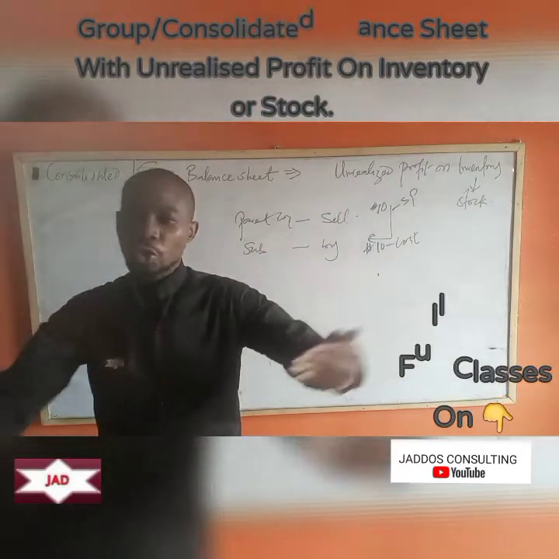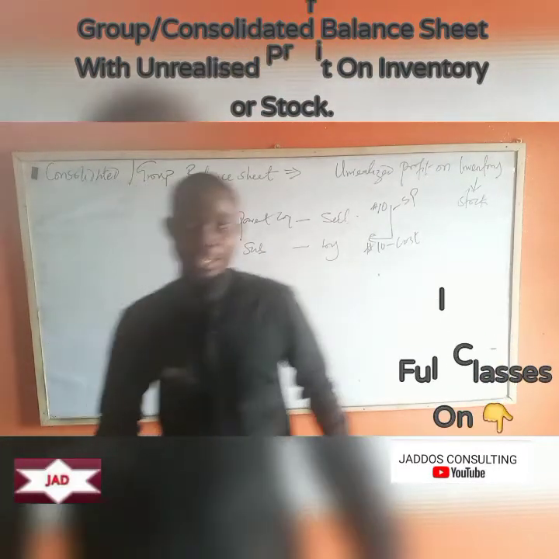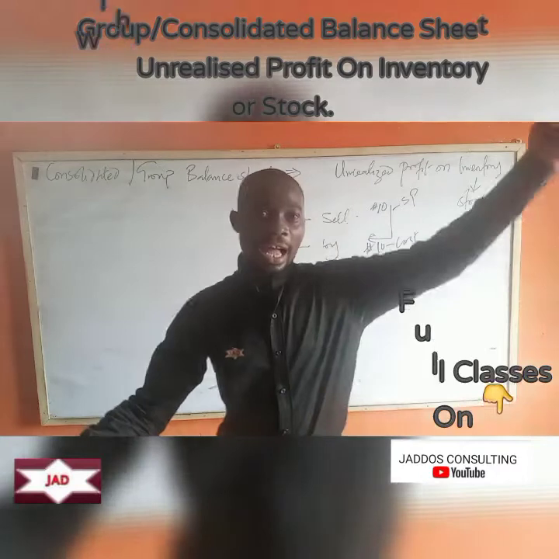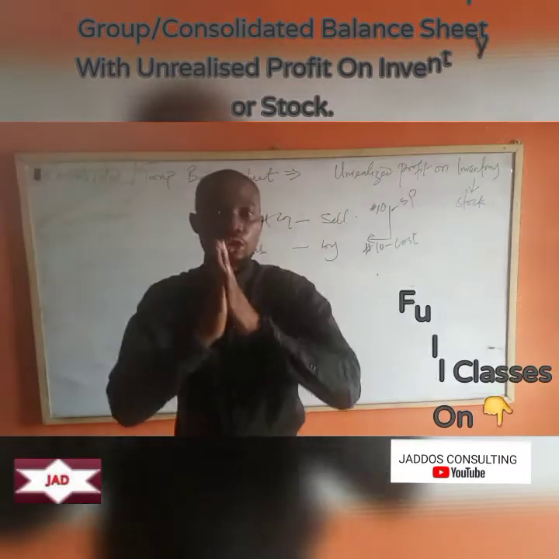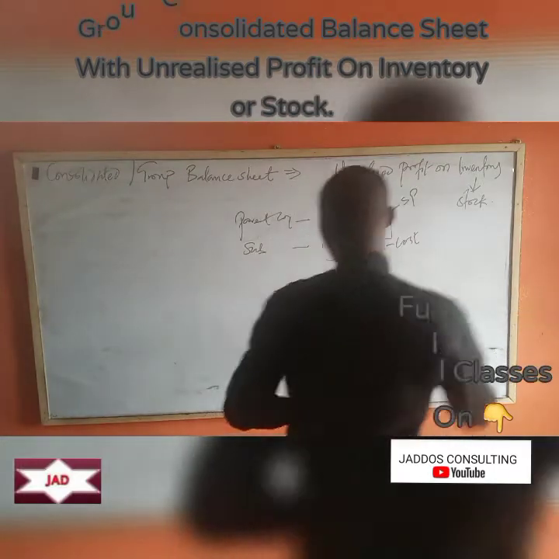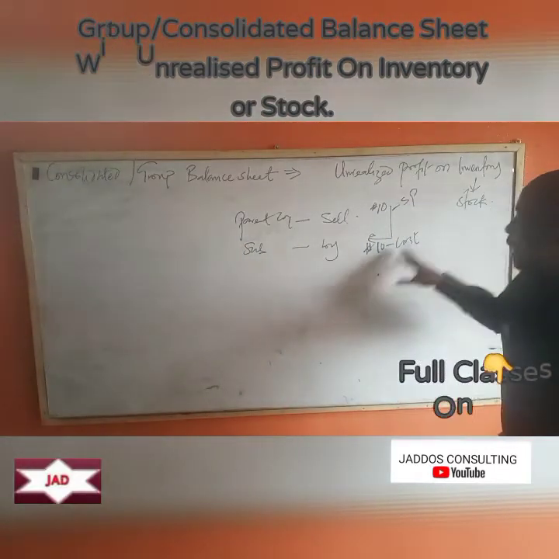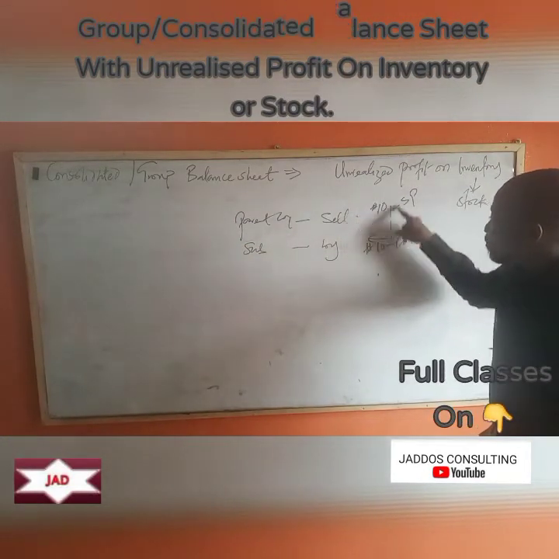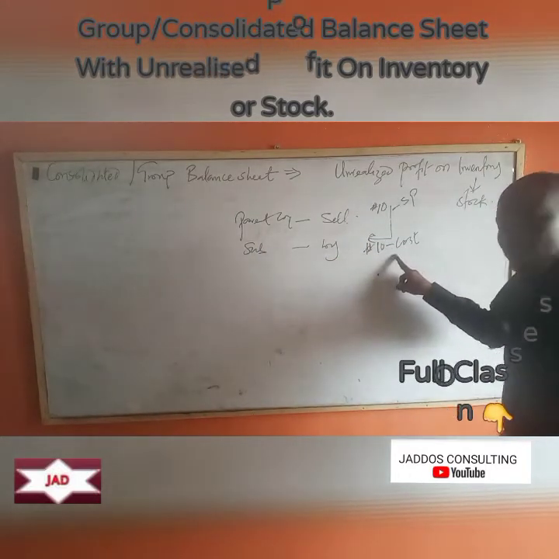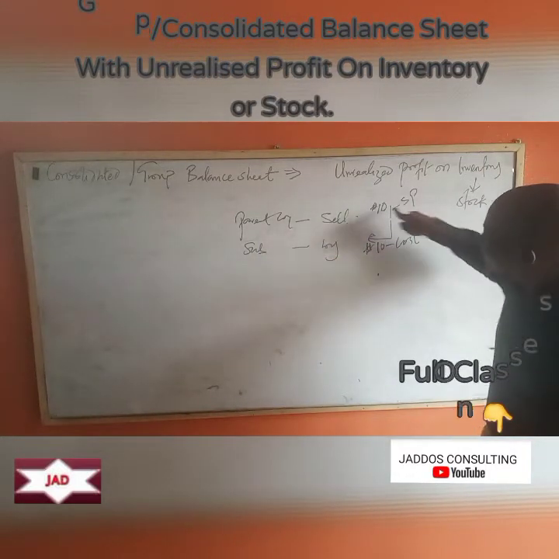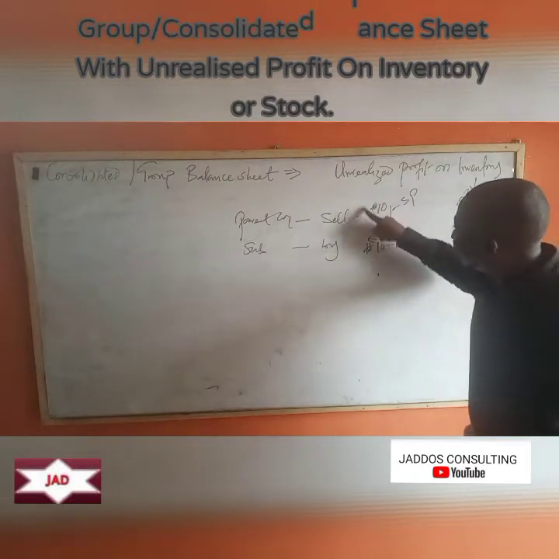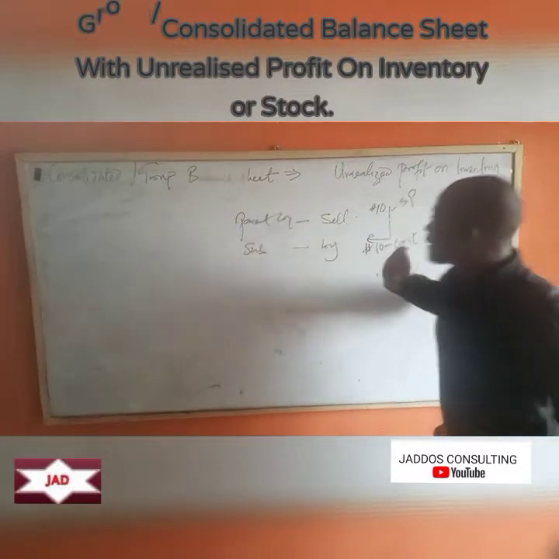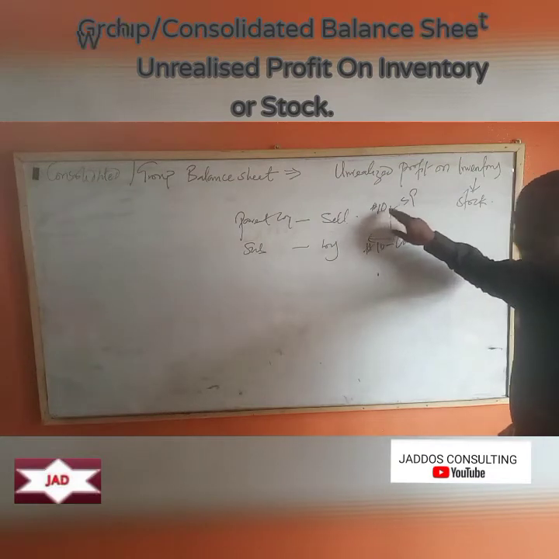But at the point of consolidation, where you want to bring the parent company balance sheet and infuse the subsidiary balance sheet into it to have one group position, the product that has been sold from the parent company to the subsidiary at this selling price, which is a cost price to the subsidiary, we will have to eliminate the profit item that is in this 10 naira, because the parent company has already included profit in this 10 naira.